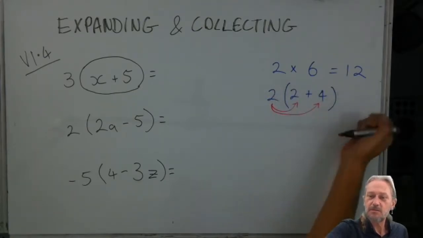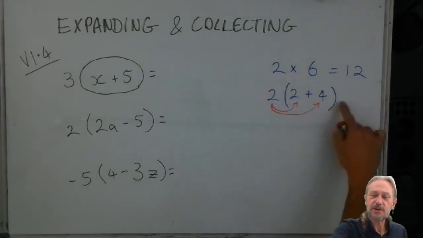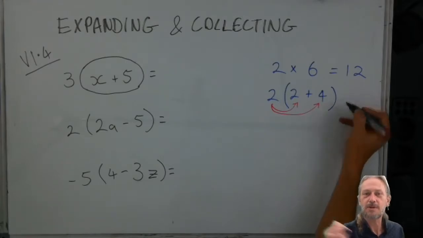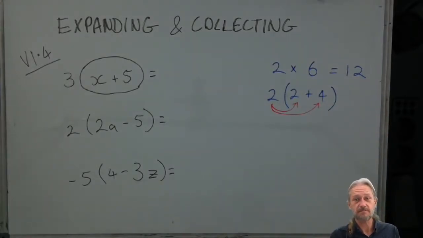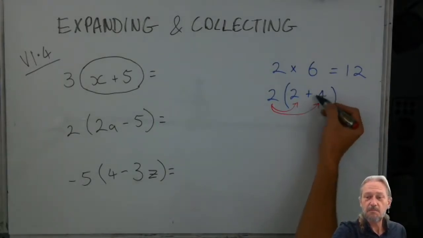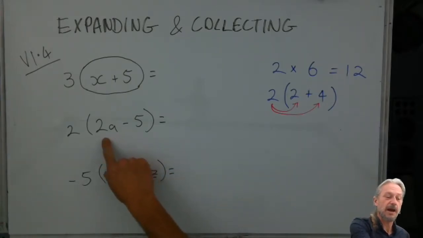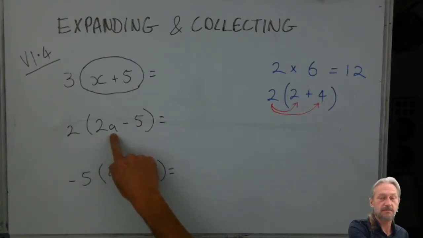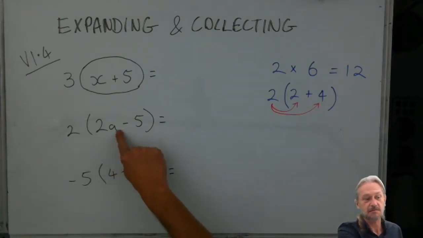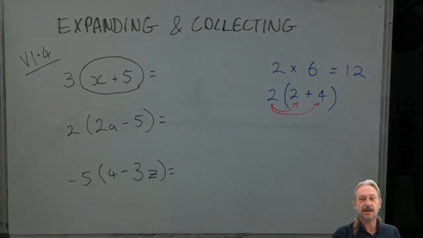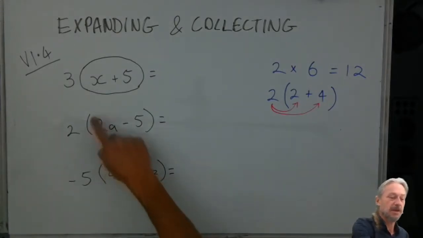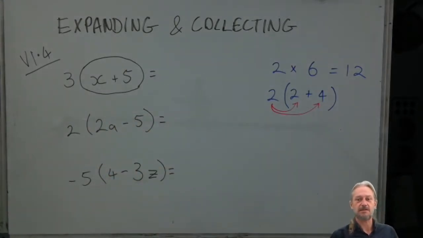As this is written without an equals, this is an expression. As soon as you put an equals after it, it becomes an equation. Now, a term can be things multiplied or divided together, not just numbers on their own. So 2a is 2 lots of whatever number a is, but we still think of 2a as a term that can be added or subtracted to other things.